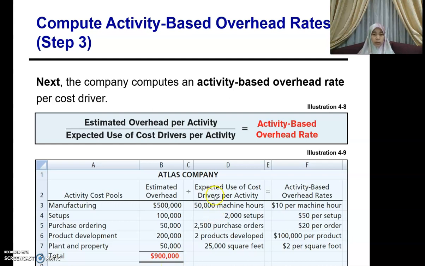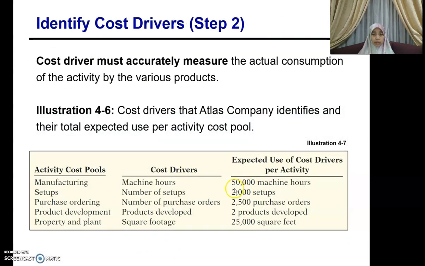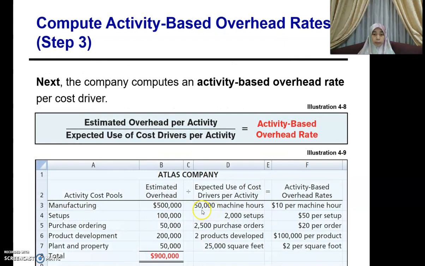Next, you already identified the cost drivers in your second step. Let's say for manufacturing, we have 50,000 machine hours, and for setups, we have altogether 2,000 setups, and so on. So this one is from your step 1 and this one is from your step 2.